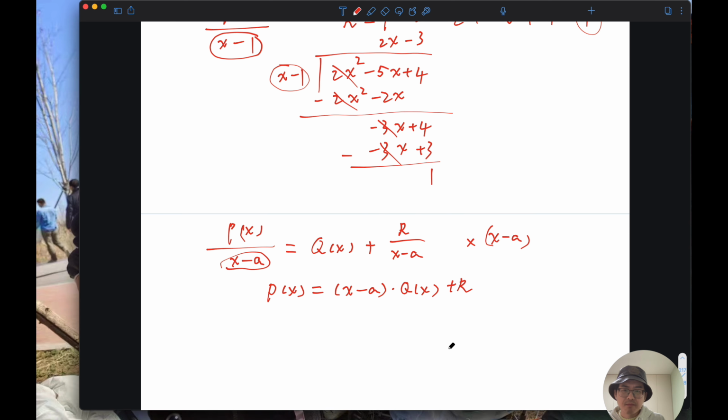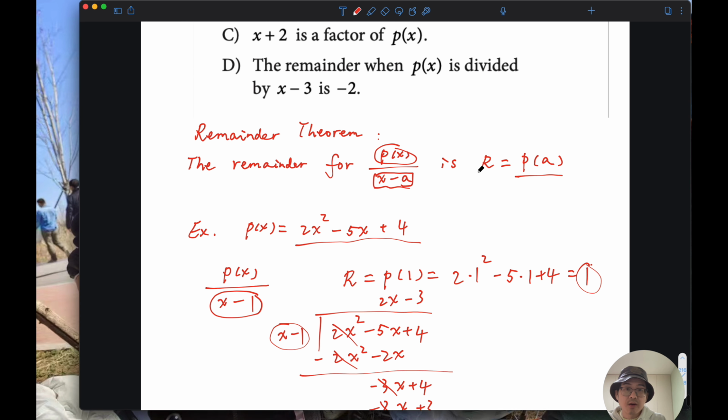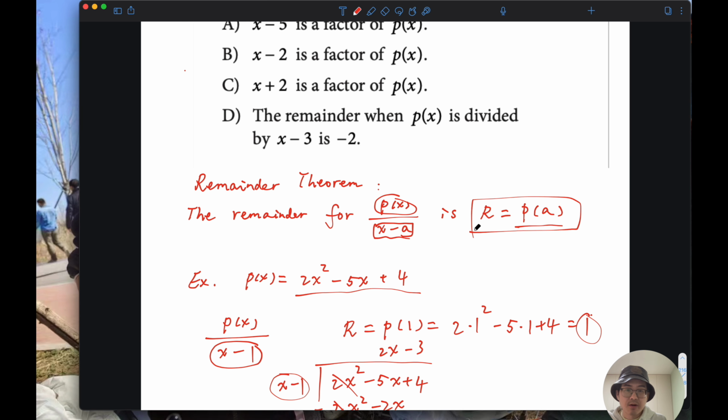If we input x equals a into this equation, we get p of a equals a minus a times q of a plus the remainder. And here a minus a is 0, and 0 times anything is also 0, right? So we can cancel this part. This equation is reduced to p of a equals the remainder, which is exactly the remainder theorem. Okay, so this is why we have this remainder theorem.